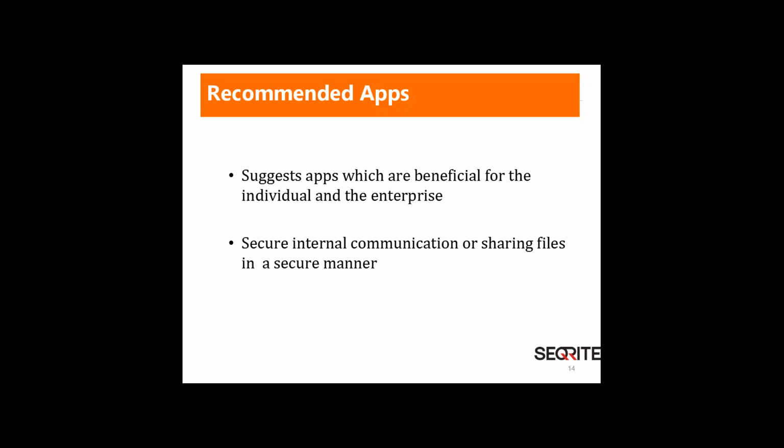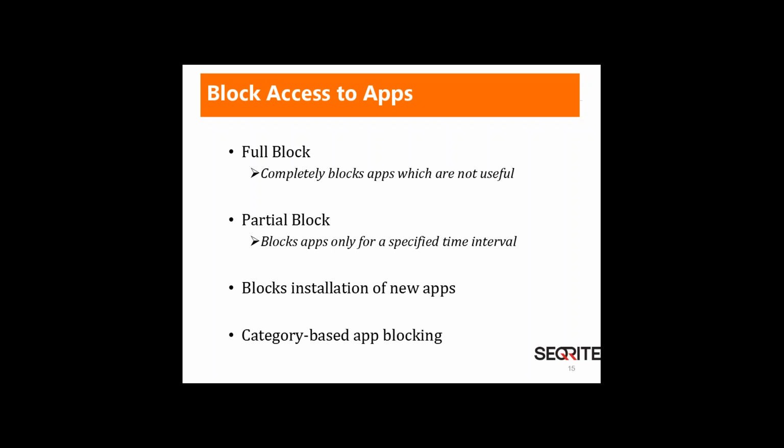The biggest advantage of control can be stated by the use of block access to application which the admin finds unproductive. In this, we can categorize the application as to on which basis the application is to be blocked. Like if the admin wants to fully block the application or to partially block the application.